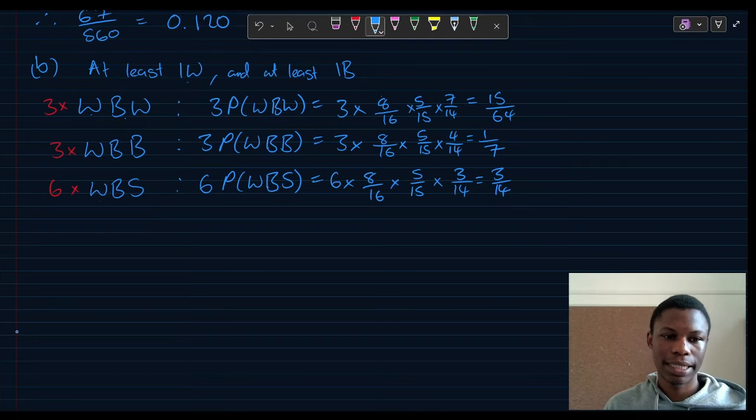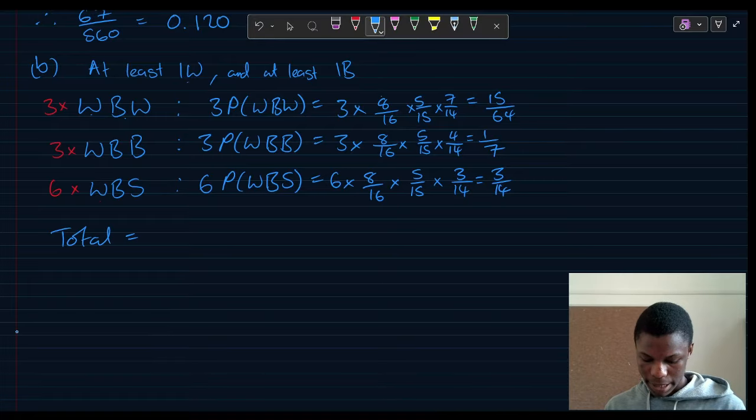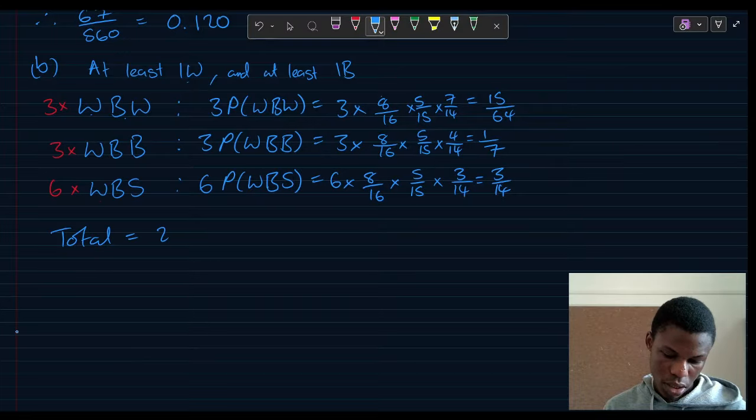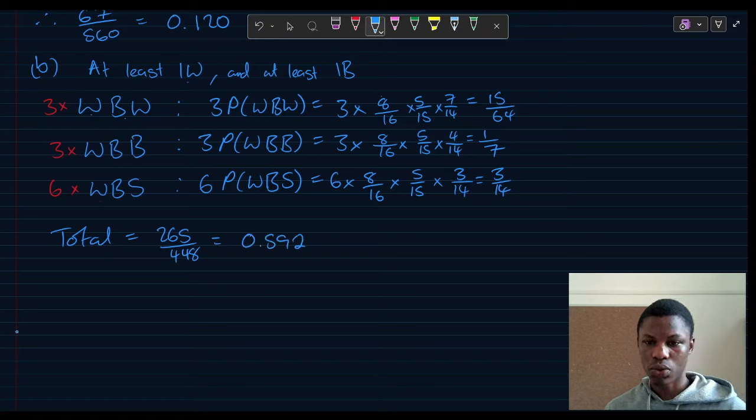So we can just tally those up. That's 15 over 64 plus 1 over 7 plus 3 over 14. That gives us 265 over 448 or 0.592.